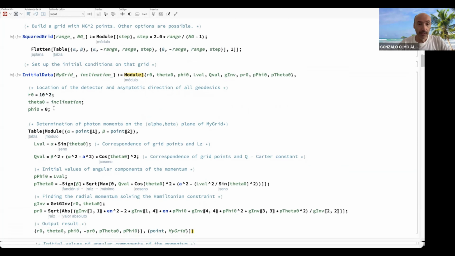Now I'm assuming that 100 is very far away, so this is an approximation. If we define the direction, we can improve this, but I'm not very interested in that. This will be the same information for all rays, as I explained in the second lecture. And it's not difficult to improve this, but I'm not going to do it.